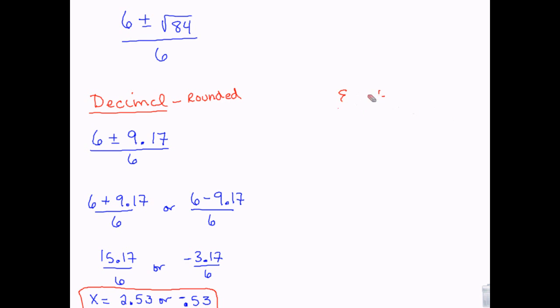I'm going to need more space for this one. If I want an exact answer, I need to leave the radical in it. But I need to try to simplify the radical, which we did in the first part.